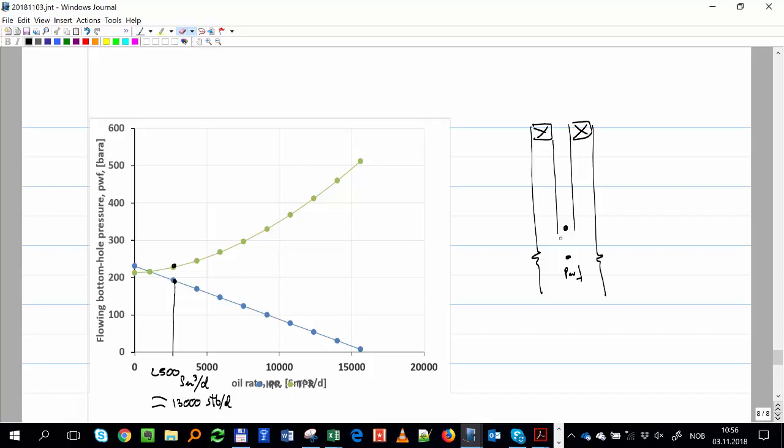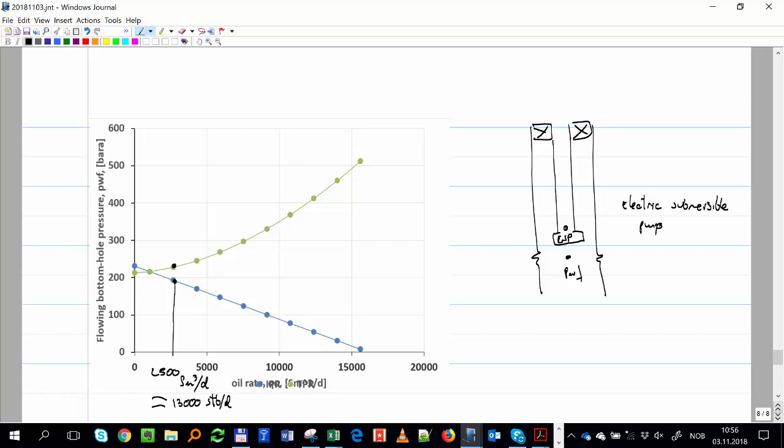What I do, right, is I put an element that gives energy to the system, which is called an ESP, electric submersible pump. It's like a compressor, but for liquid. Okay, like a pump you use in your apartment to take the water up to your apartment.